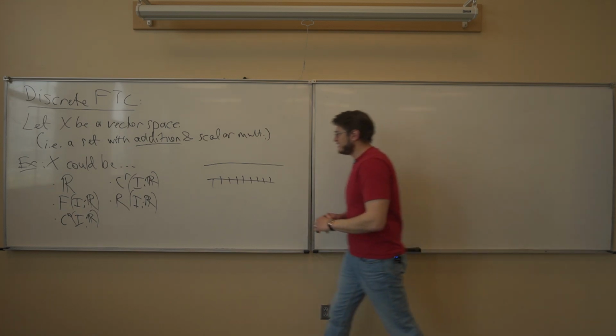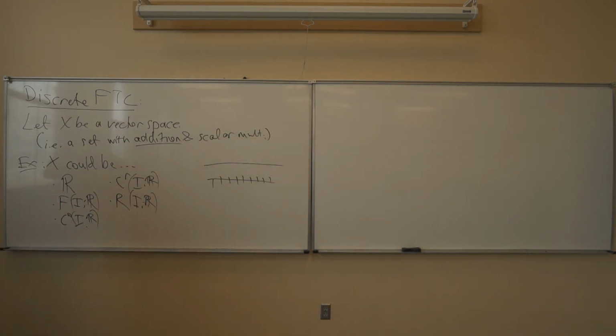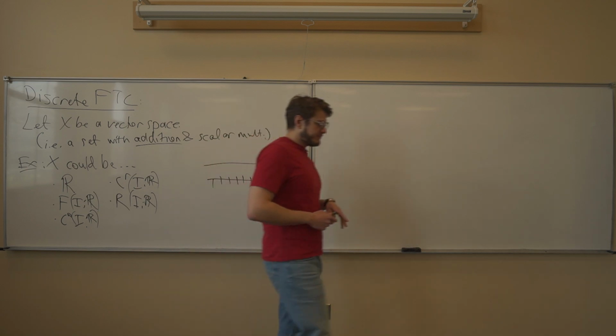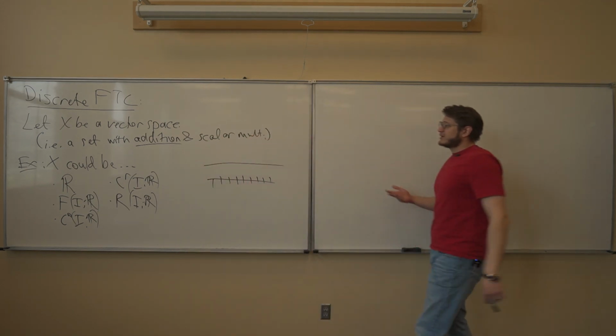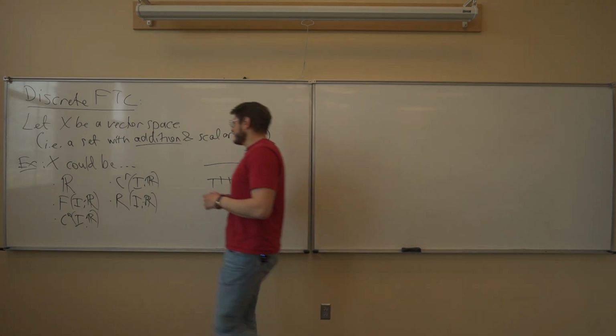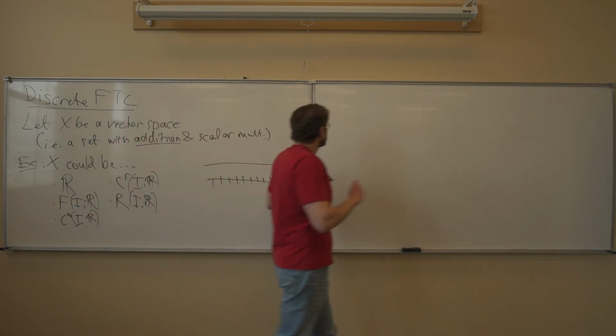And let me denote by S of x the set of all biinfinite sequences. Instead of looking at all sequences from, let's say, 0 to infinity, I'm going to look at sequences that are defined for negative infinity as well. That's going to just make things easier to write down.